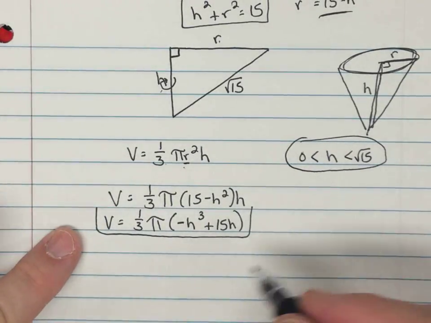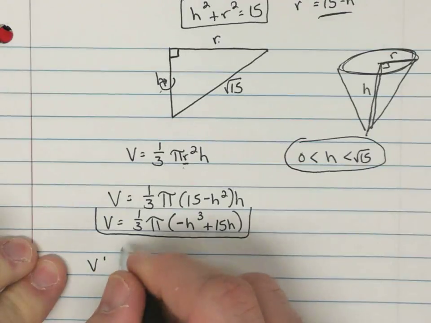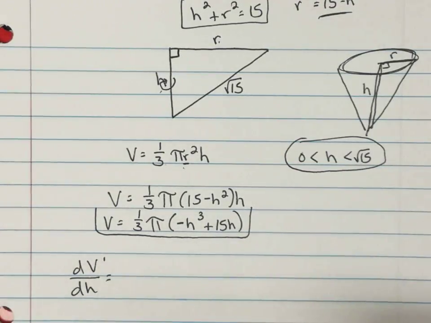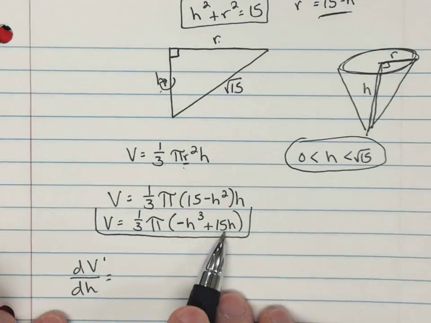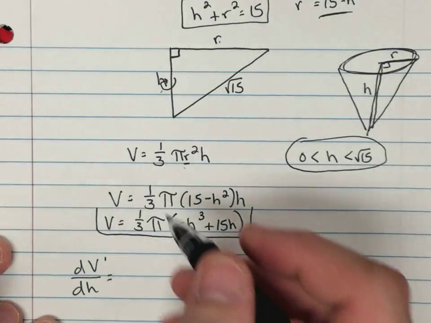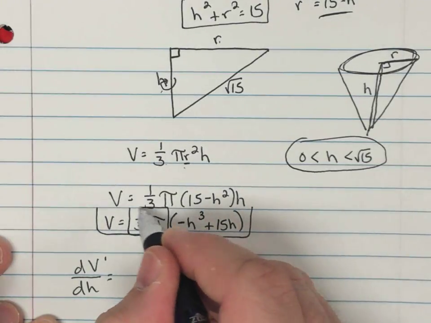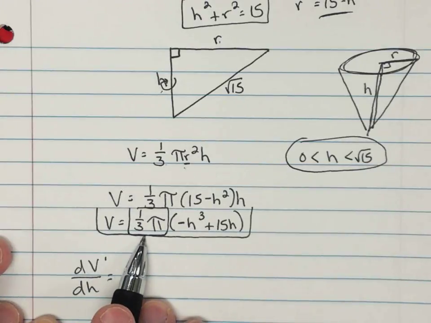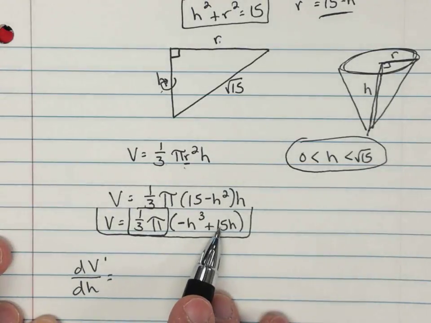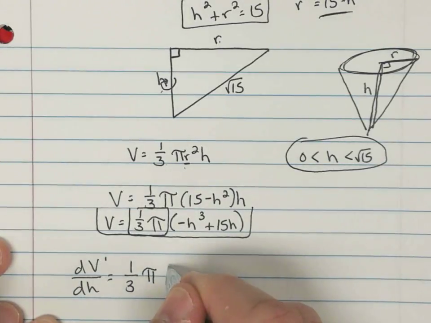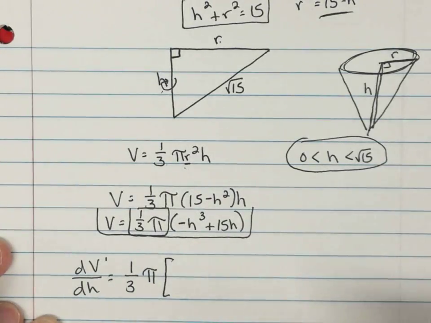Since we're trying to maximize, let's find the derivative. I'm going to call it dV/dh again, finding the derivative of the volume with respect to height, because that is our variable here. I want to remind you that this is simply a coefficient. You could distribute it out if you want to, but I just want to copy it down: 1/3 pi, and then put some parentheses.